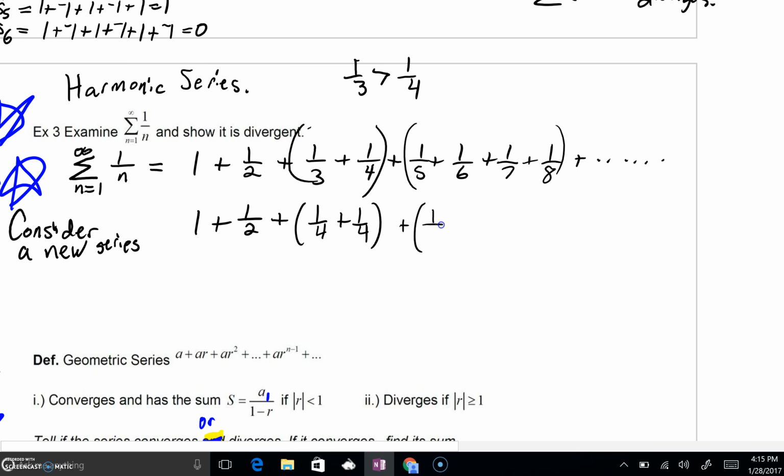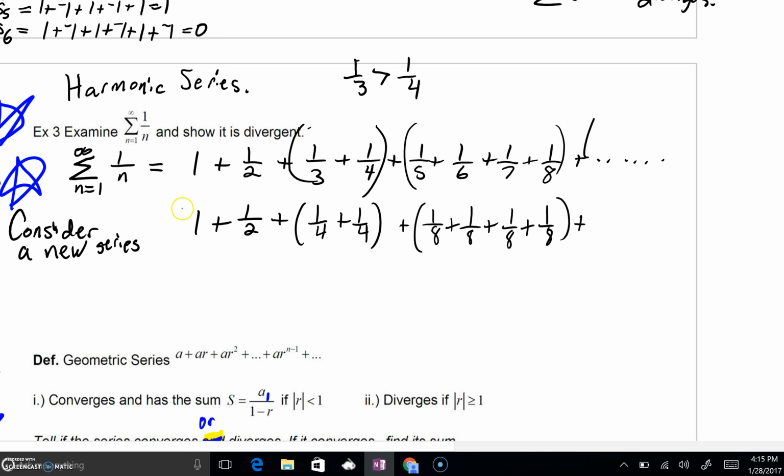This 1/5 I'm going to replace with 1/8, and the 1/6 I replace with 1/8, and the 1/7 I replace with 1/8. And by the way, if I kept going, I could now go by powers of 2. The next grouping I would create would be 1/16, actually, if I really wanted to do that, extending it.